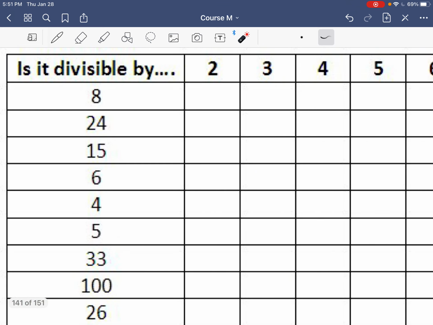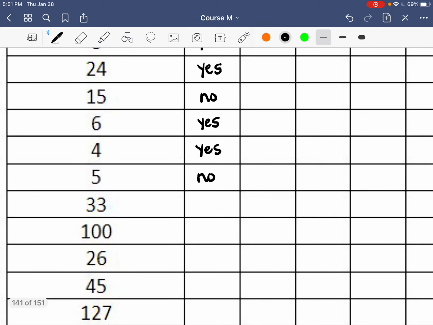This one is an 8, so yes, this one is divisible by 2. 24, the 4 is divisible by 2, so this is a yes. 15, that's an odd number, so this is a no. 6 is a yes. 4 is a yes. 5 is an odd number, so that's a no. 33, the 3 on the end is odd, so that is a no.